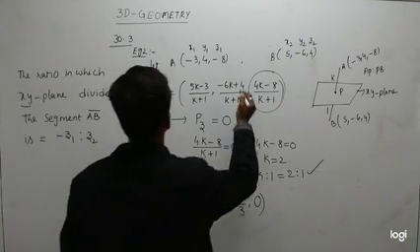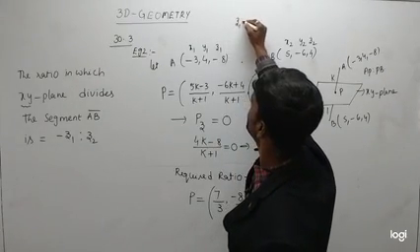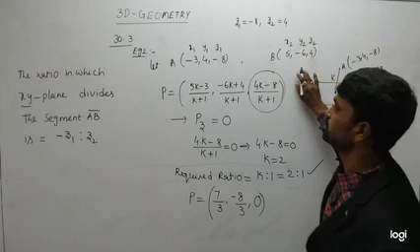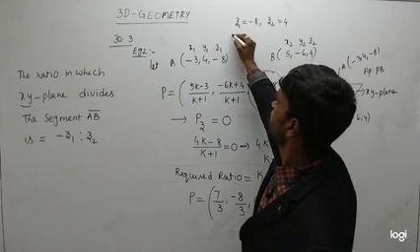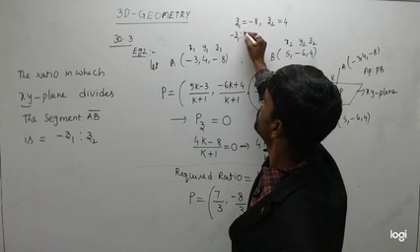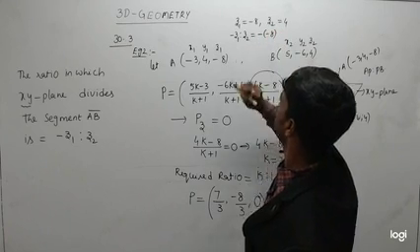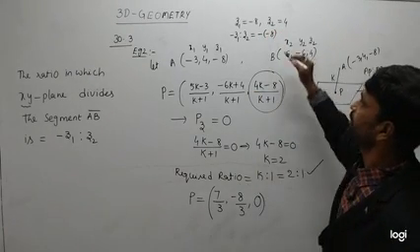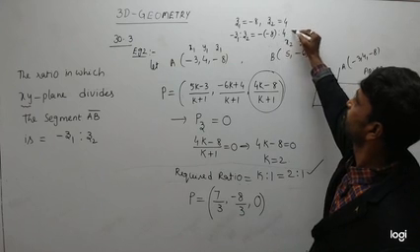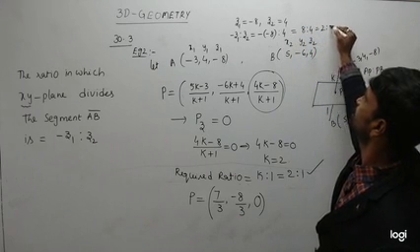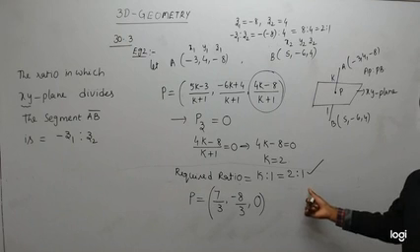Here, what is z1? Minus 8. What is z2? 4 in this problem. So the required ratio is minus z1 is to z2, that is minus of minus 8 is to 4, which is 8 is to 4, that is 2 is to 1. You got the same ratio, 2 is to 1.